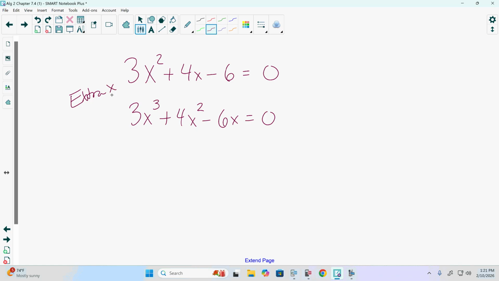But that extra x that I added in, x equals 0, would be a solution, and that solution would be a restriction because it's coming from the denominator. We haven't got there yet, but anything I go above this least common multiple is going to add solutions that are restrictions. Which for this here is not bad.